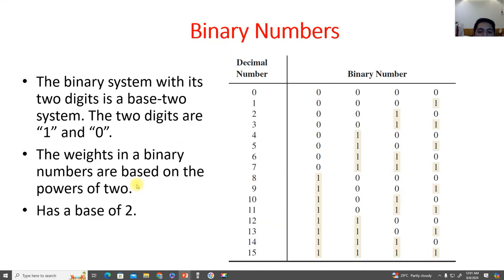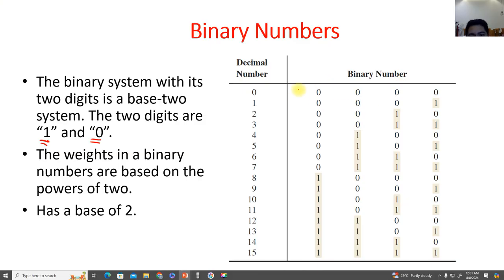Binary numbers, on the other hand, have a radix or a base of 2, wherein we only have 2 digits for binary: 1 and 0. These 2 digits are what we are going to use in binary numbers.